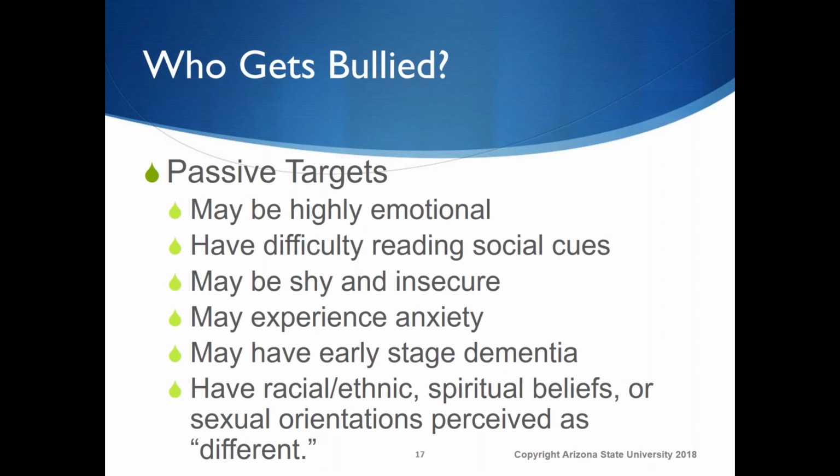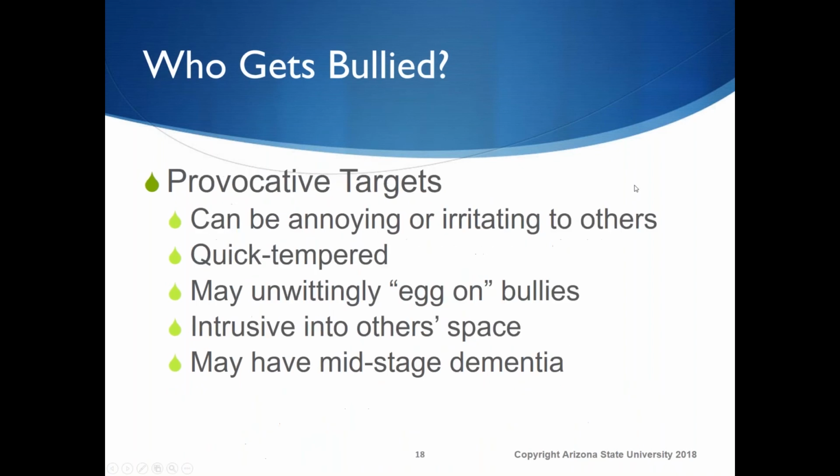They can be perceived as different, and because of that, be targeted by people who bully. We also see, like, the only person who uses a walker or a wheelchair, those types of things. So anything that is a bit different from the general population of the organization can put somebody into the role of target.